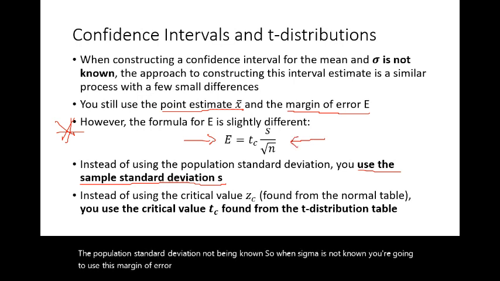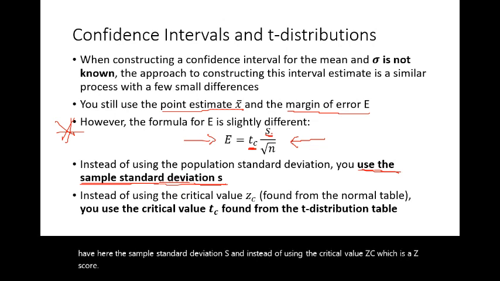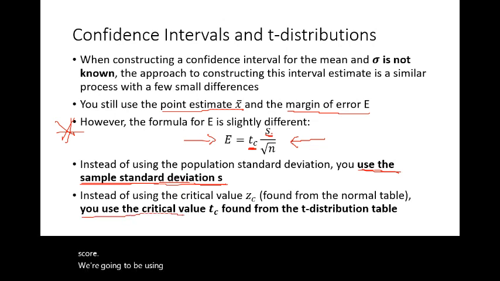Instead of the population standard deviation sigma, we have here the sample standard deviation s. And instead of using the critical value z_c, which is a z-score, we're going to be using the critical value t_c, which is found in the t-distribution table.